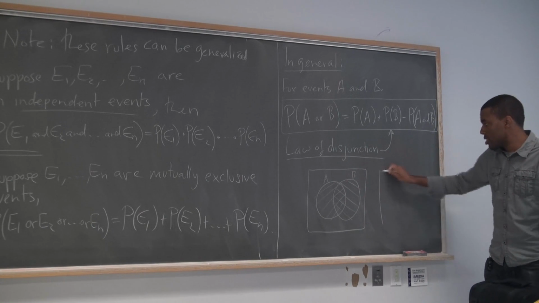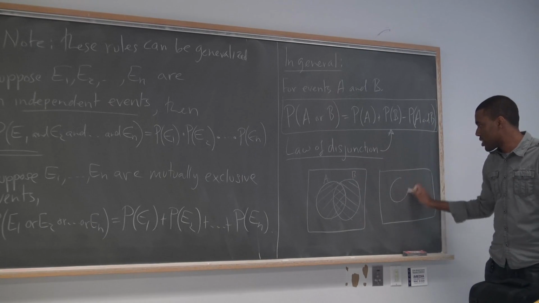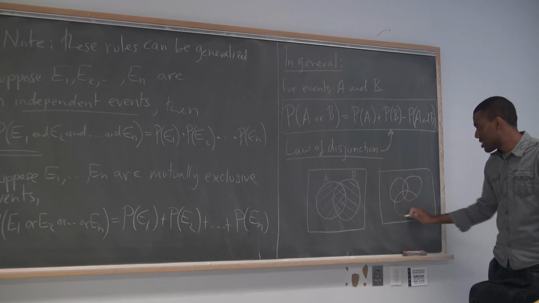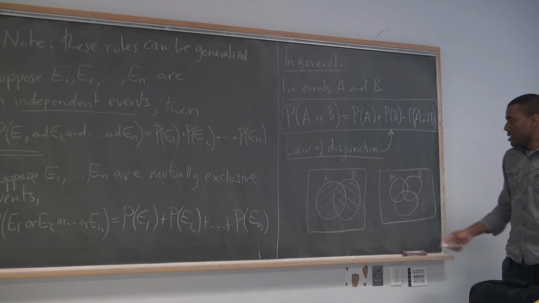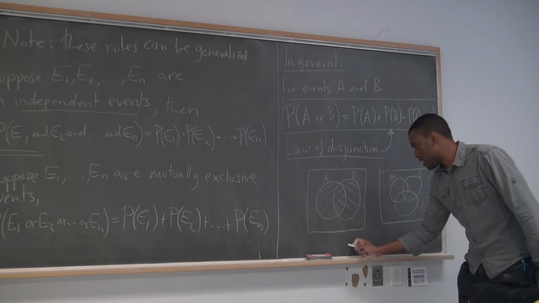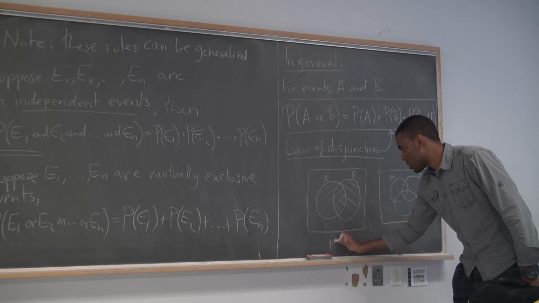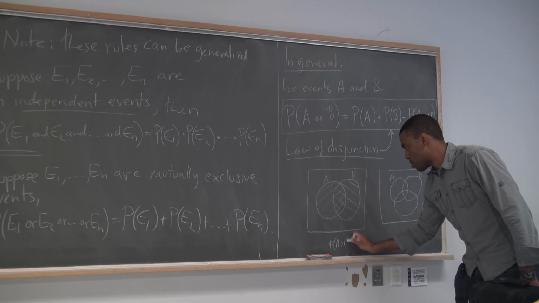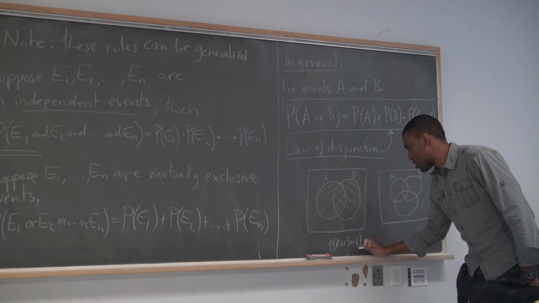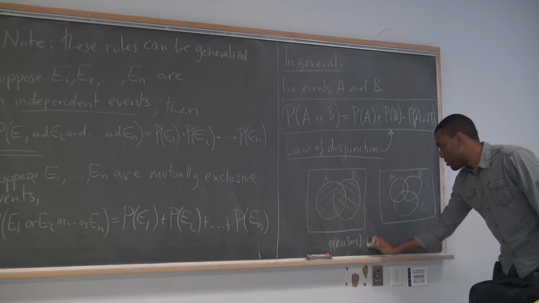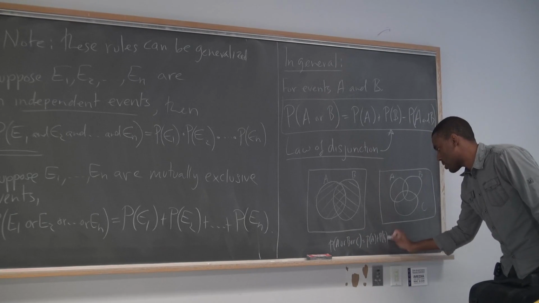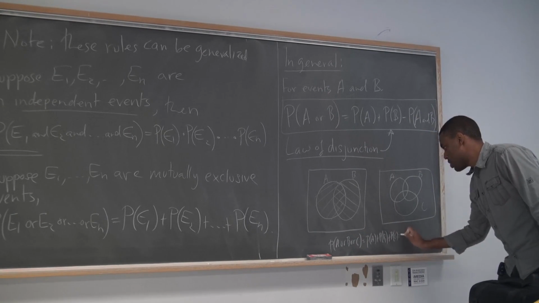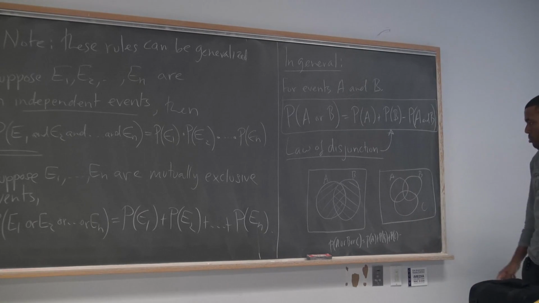And of course, in general, this can actually get worse as you get bigger. If you're considering 3 events, an A, a B, and a C, then the probability of A or B or C is the probability of A plus the probability of B plus the probability of C. But you sort of have to subtract anywhere that would be double counted.